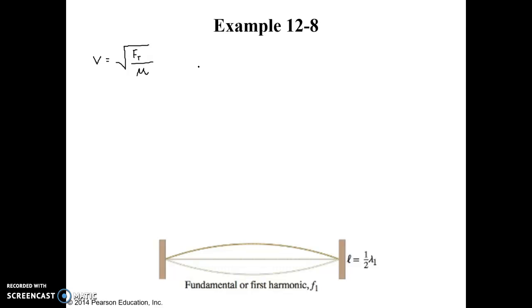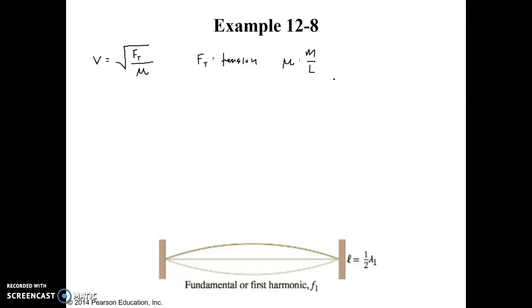In this formula, F sub T is the tension on the string, and mu is the mass divided by length of the string, which roughly corresponds to the density of the medium. So a heavier string is going to have a higher mu than a thinner string.